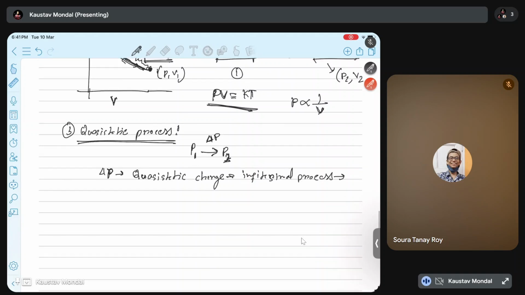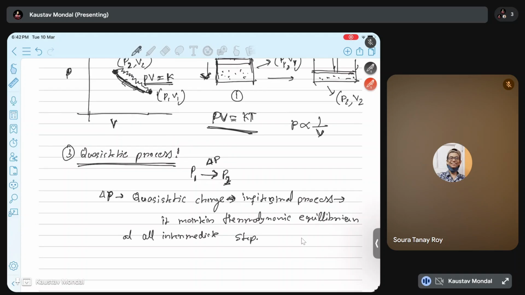The property of this infinitesimal process is that it maintains thermodynamic equilibrium at all intermediate steps.